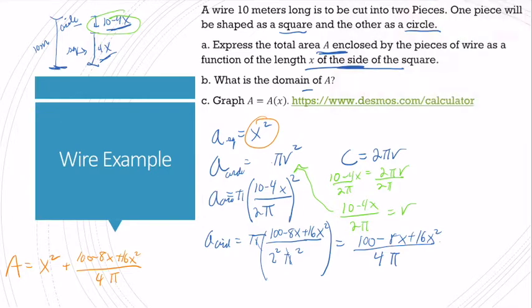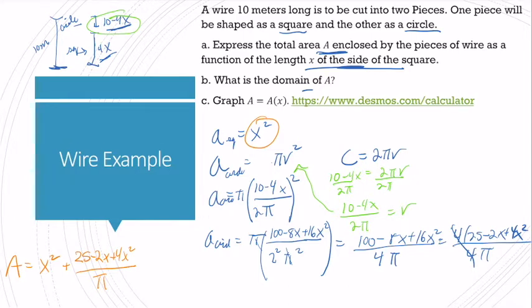Oh, but I could factor out a power of 4, couldn't I? So this is really going to be x squared plus (25 minus 20x plus 4x squared) over pi.